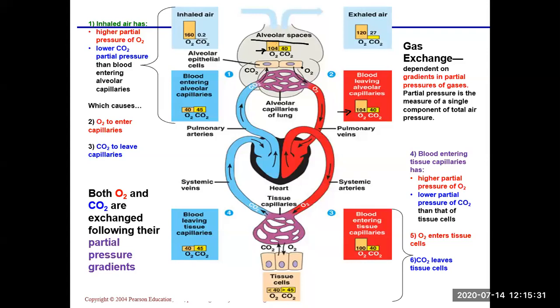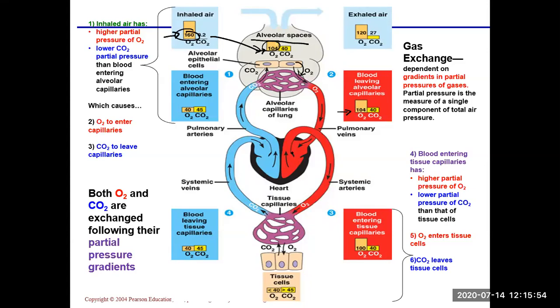But now oxygen is going in because there is a high level of oxygen. Inhaled air has a higher partial pressure of oxygen, so oxygen is going to go right in, from a high area to the area that is low, so oxygen is diffusing in.